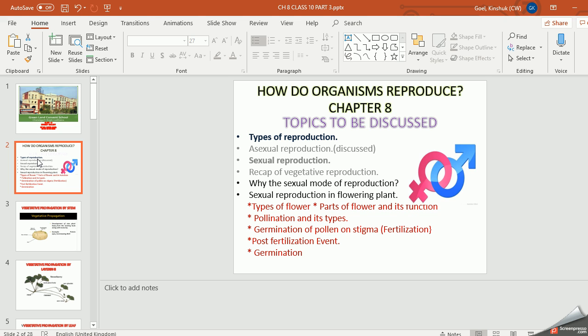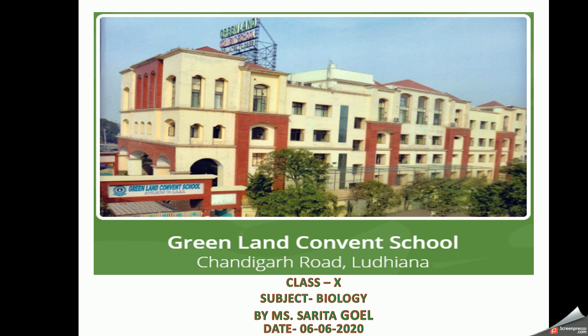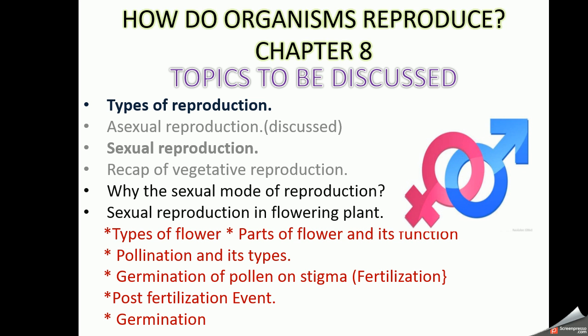In my previous lecture, I discussed asexual reproduction, in which I covered the types of asexual reproduction, that is fission, regeneration, fragmentation, spore formation, and vegetative reproduction.